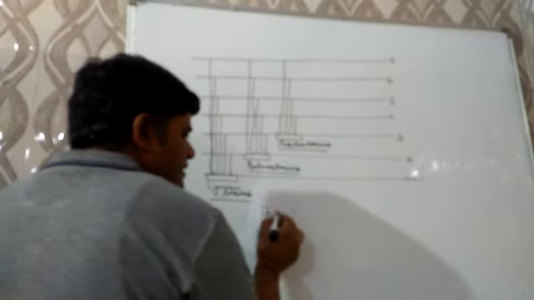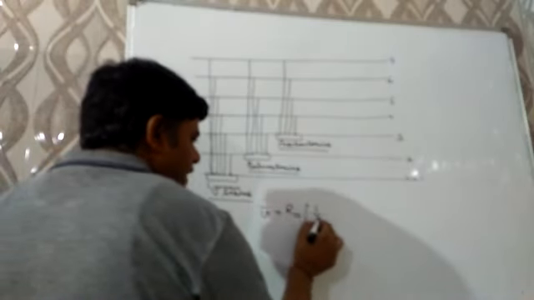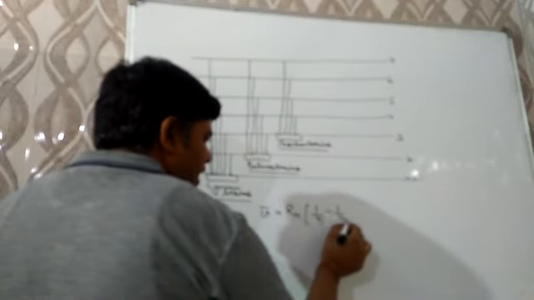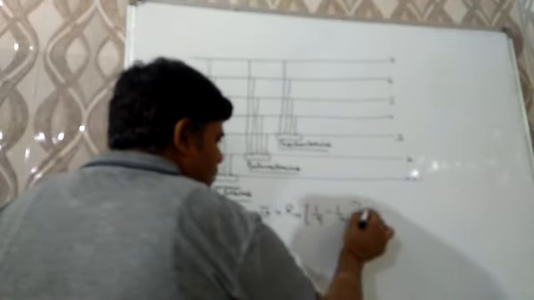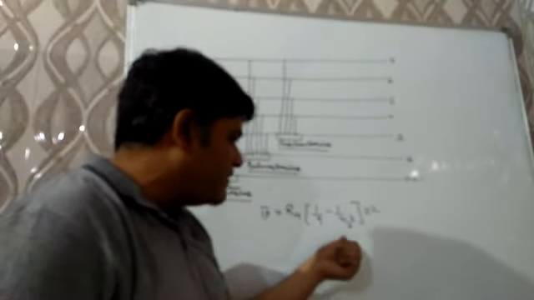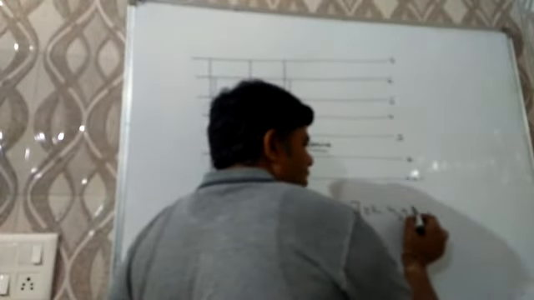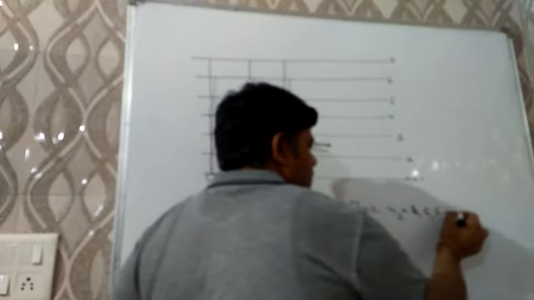For it, wave number nu bar is equal to RH into 1 by 9 minus 1 by n2 square, into Z square, where n2 can be 4, 5, 6, up in this way.